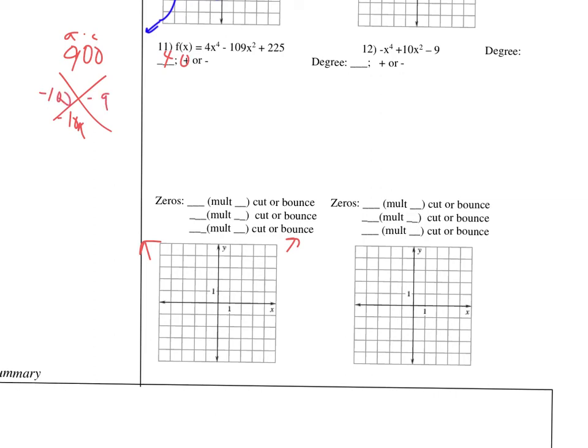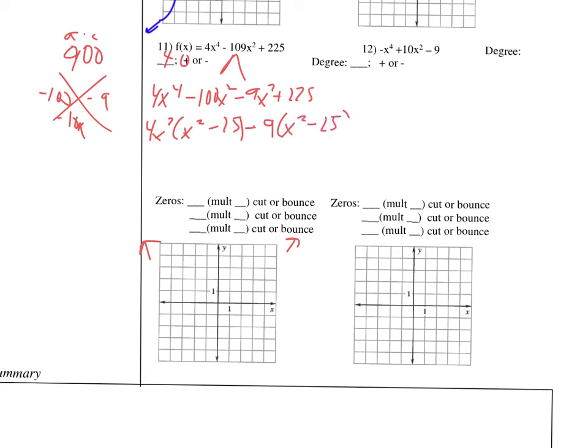I do need to do my grouping technique here, so I'm going to split this up, and I'm going to say 4x to the 4th minus 100x squared minus 9x squared plus 225. The first group I can take out a 4x squared, which leaves me with x squared minus 25. The second group I can take out a negative 9, which will leave me with x squared minus 25 as well.